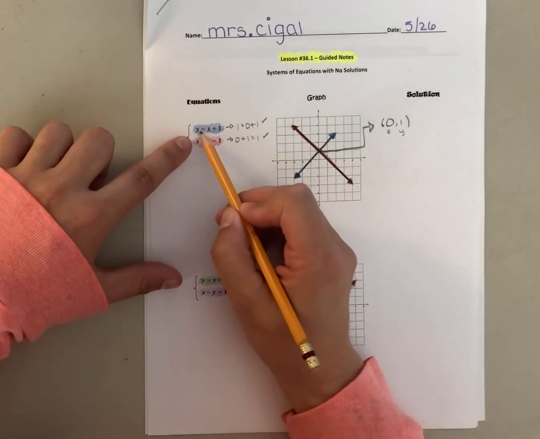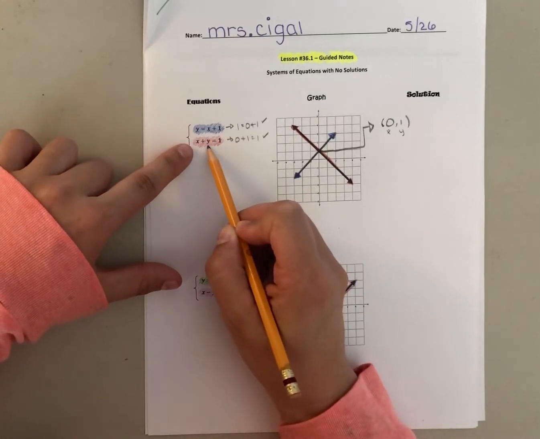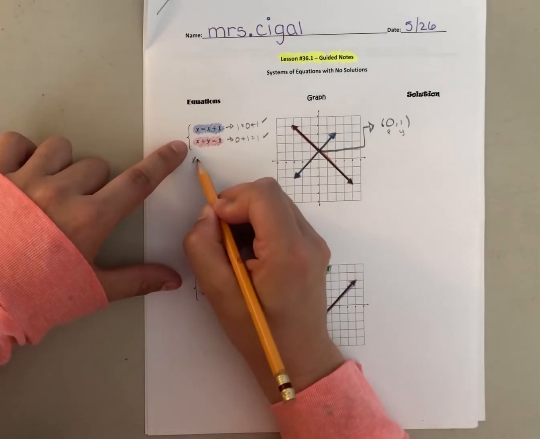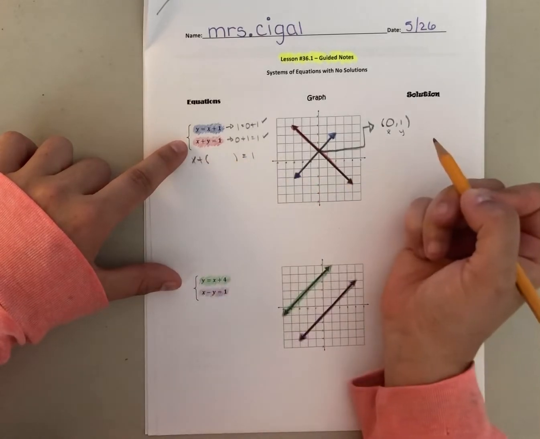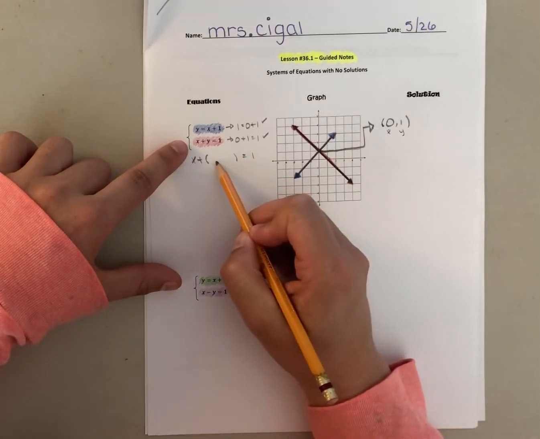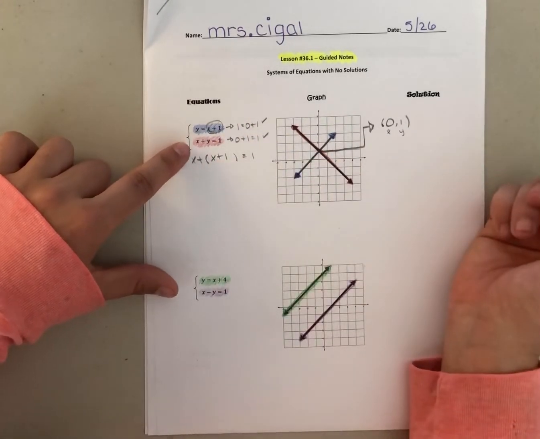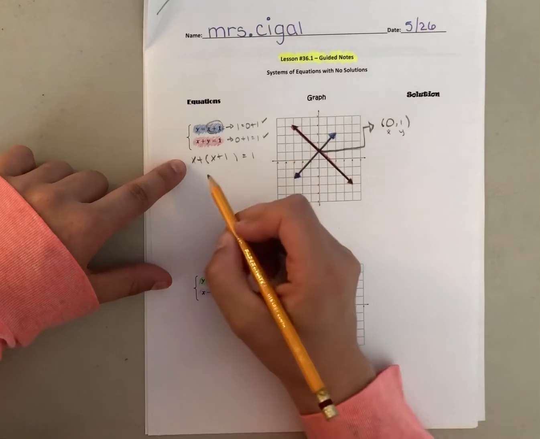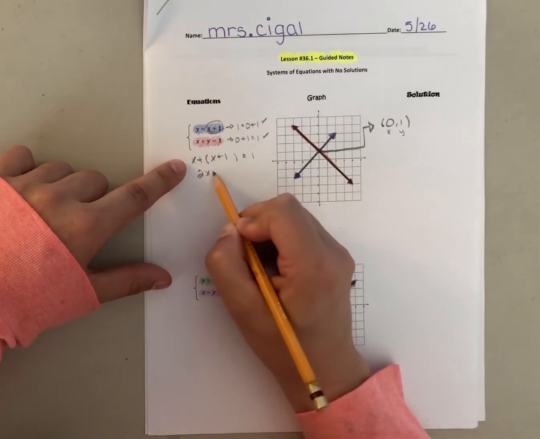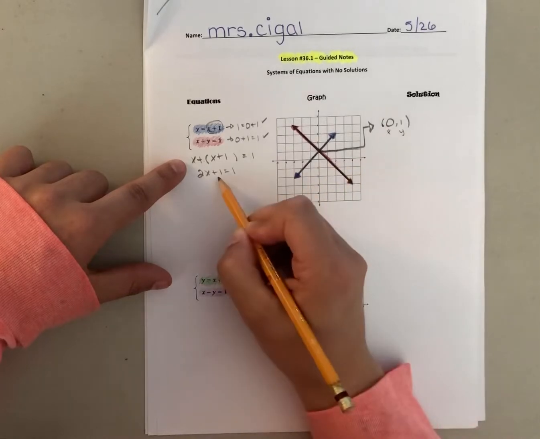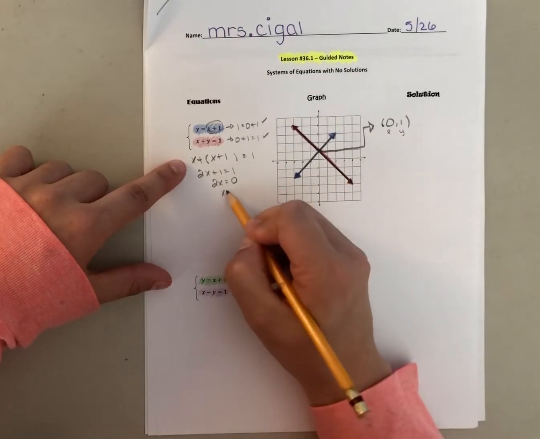So let's look. If y equals x plus 1, I'm just going to rewrite this equation. It's going to be x plus what used to be a y equals 1. In place of the y, I'm going to put its equivalent, which is x plus 1. We're left with an equation with one variable, so we can solve. There's nothing to distribute, so I'm going to combine like terms. I'm going to subtract the 1 from both sides and divide by 2.